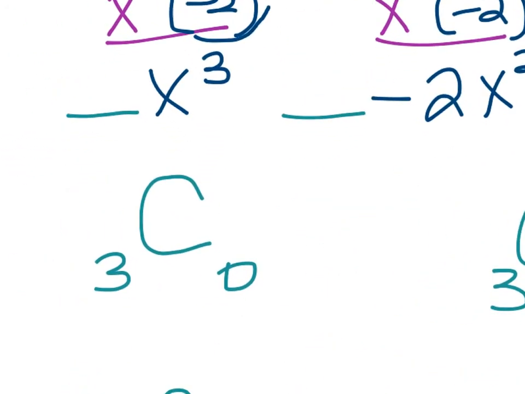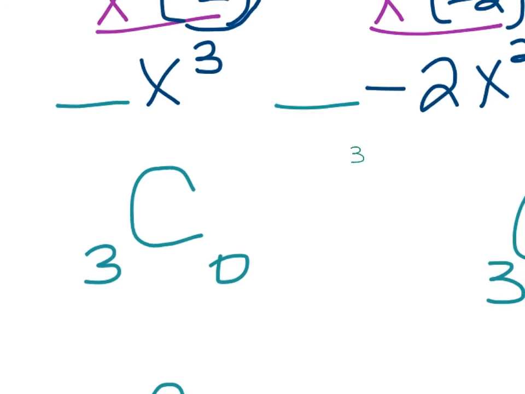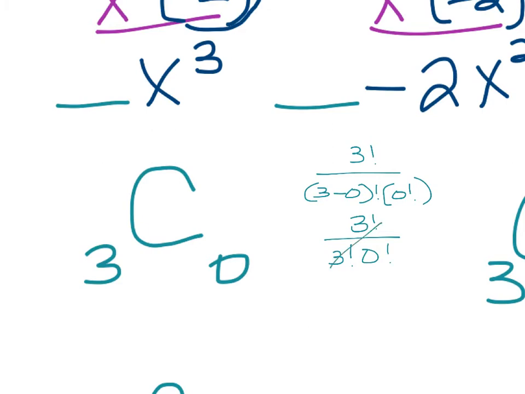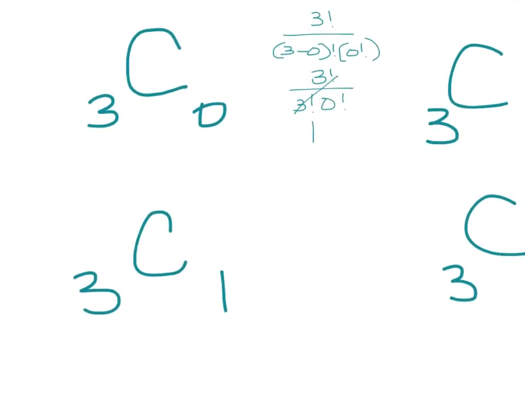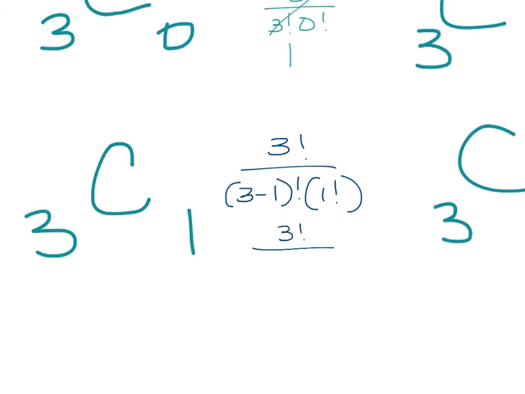So now I've got to do my little formula for each one, right? This would be 3 factorial over 3 minus 0 factorial times 0 factorial. Christian, what did we say this was going to be? 1. Well, this is 1. So that goes here. Then I go to C(3, 1). This is 3 factorial over 2 factorial times 1 factorial, which is 3 times 2 factorial over 2 factorial.